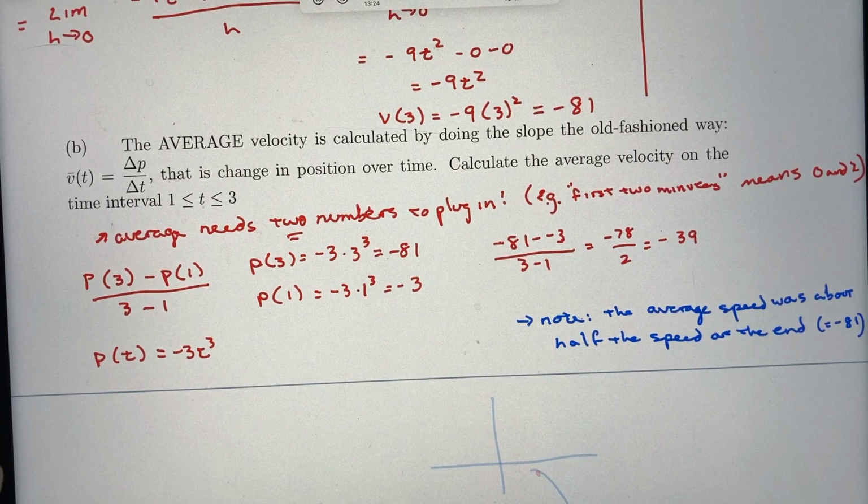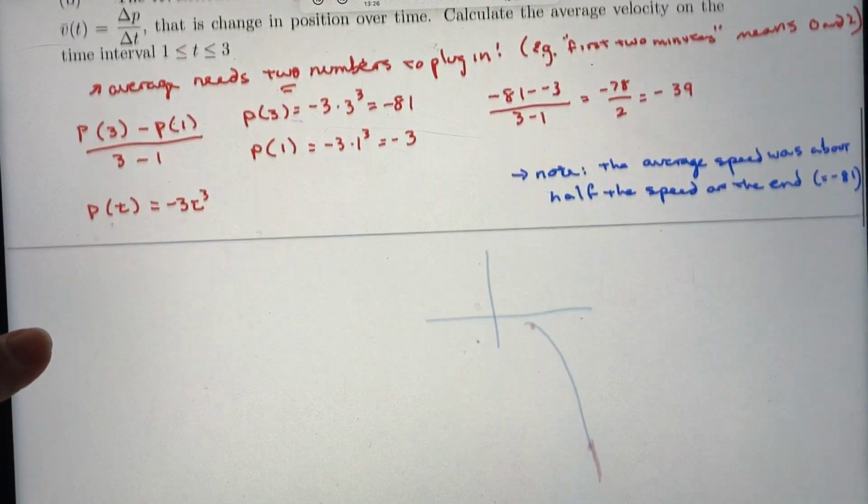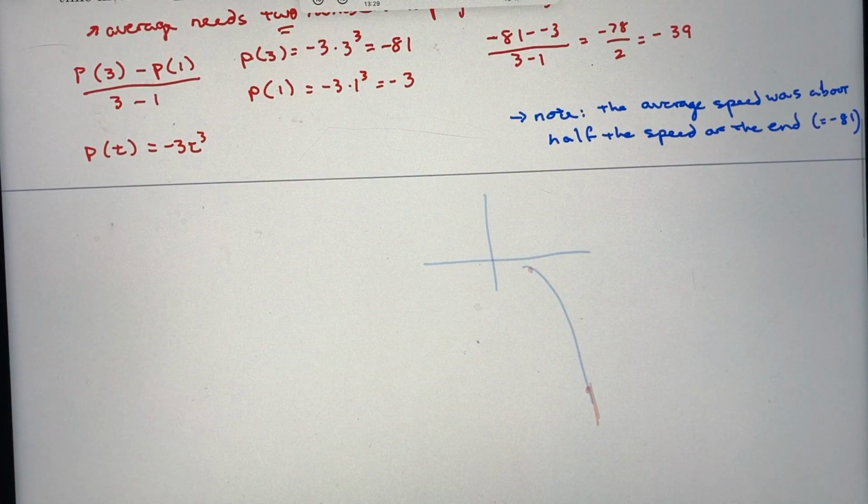So that's plausible. If I look at this picture, I'll just draw it here. I'm imagining something going down faster and faster. If I calculate the slope at the end, it is going to be steeper than the slope in between the 2 points.